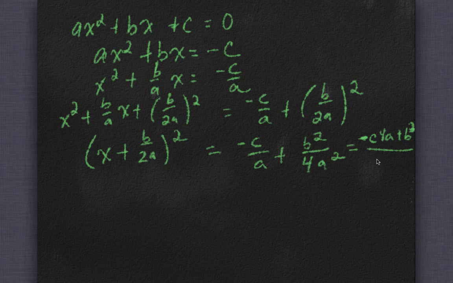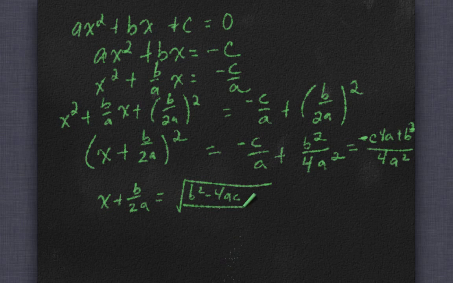Well, that's a 2. So I take the square root on both sides. And I'm going to rewrite this as b squared minus 4ac. Plus or minus.